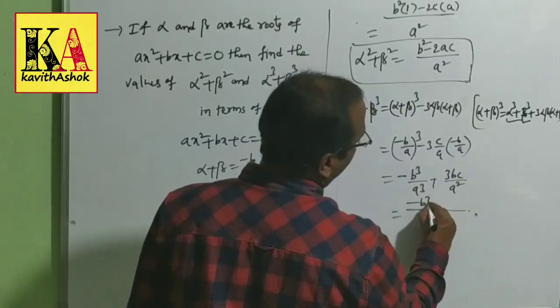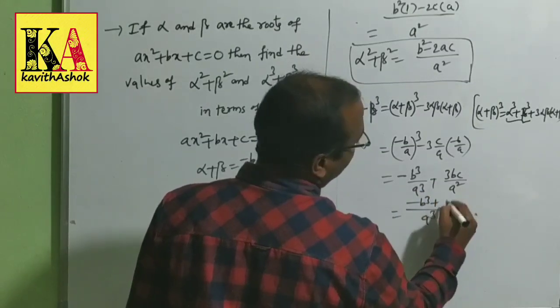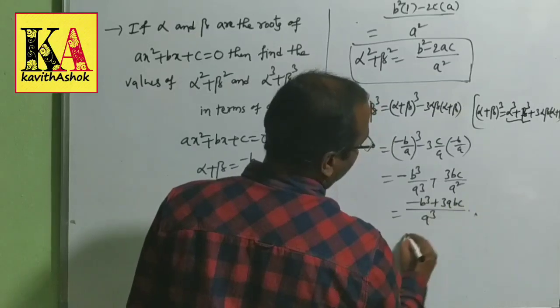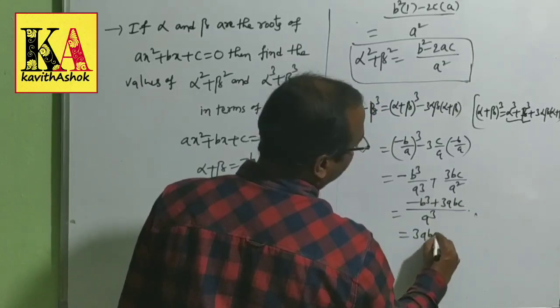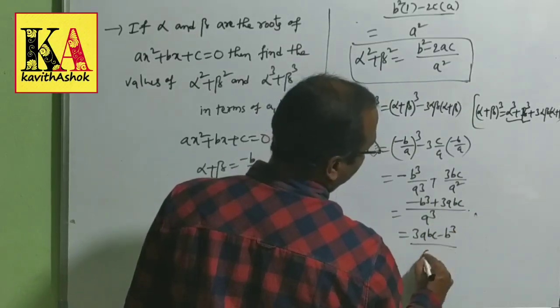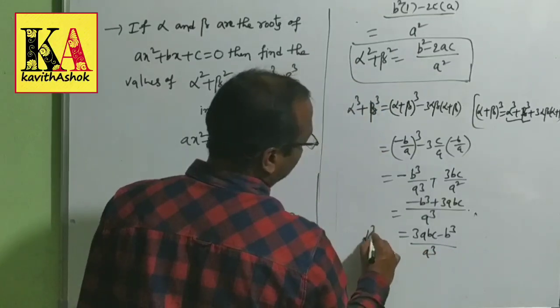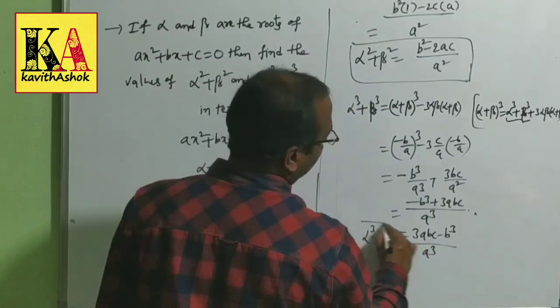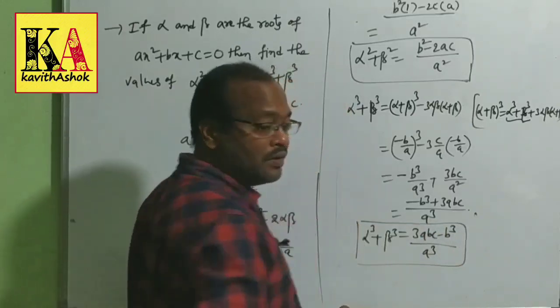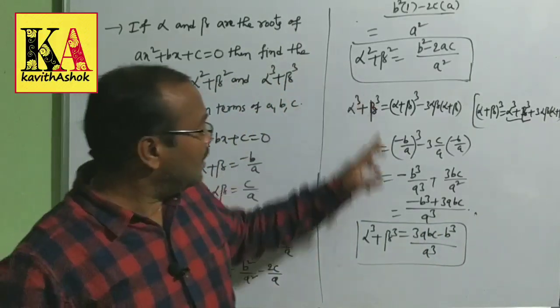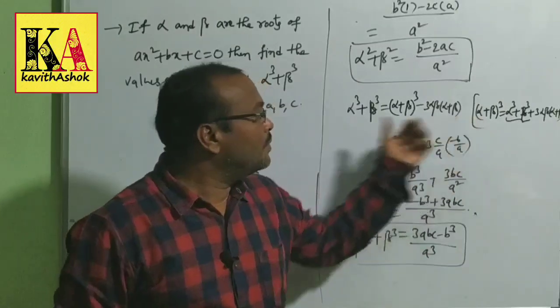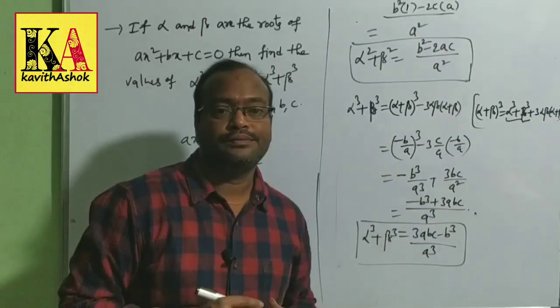Here we get minus b cube. Here a square is there, so we multiply with a. So this is 3abc. Finally this will be 3abc minus b cube by a cube, and this is the alpha cube plus beta cube value. Like this we can calculate the alpha square plus beta square value and the alpha cube plus beta cube value. Here the formulas are very important to remember.